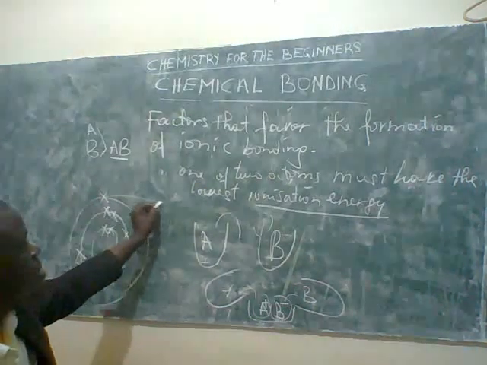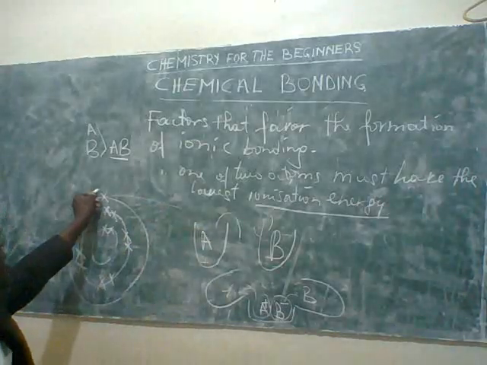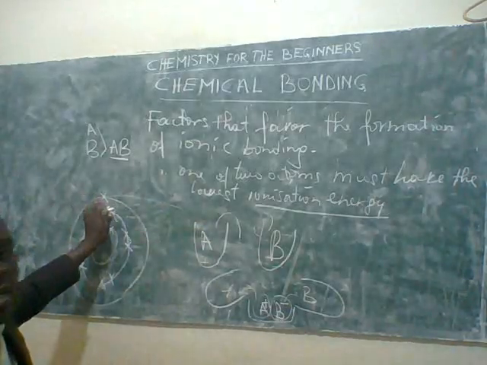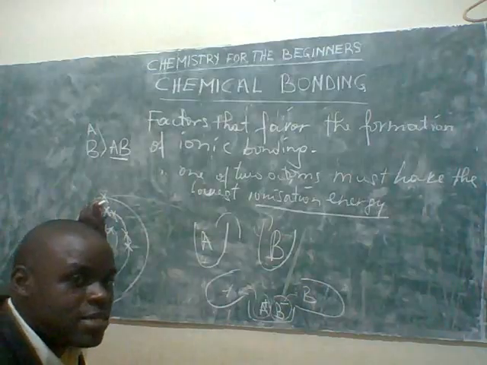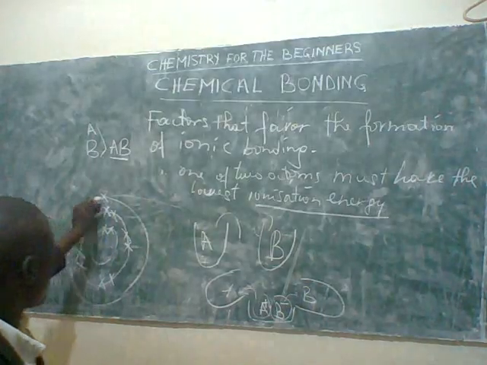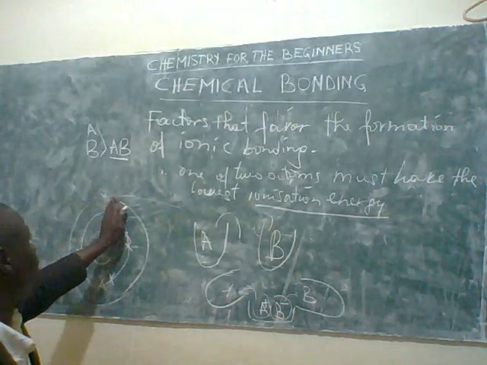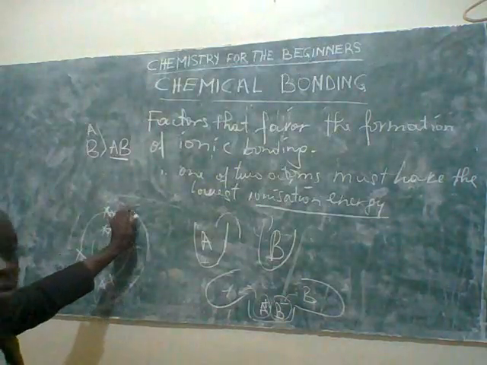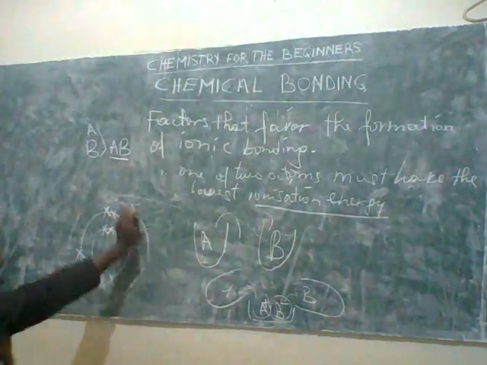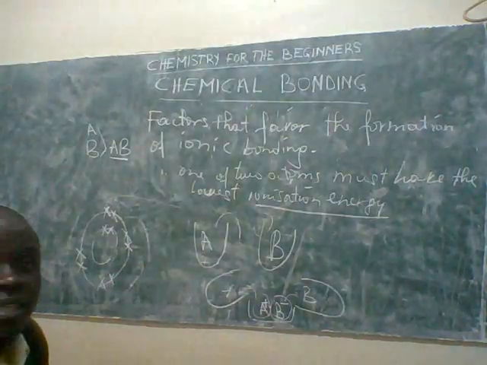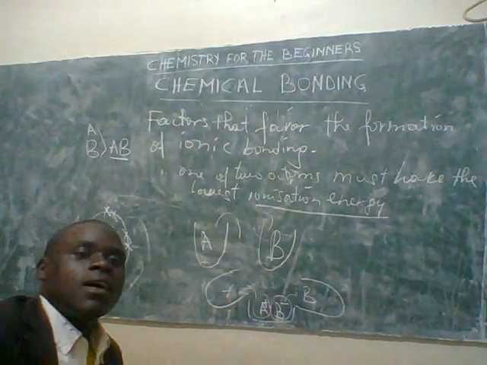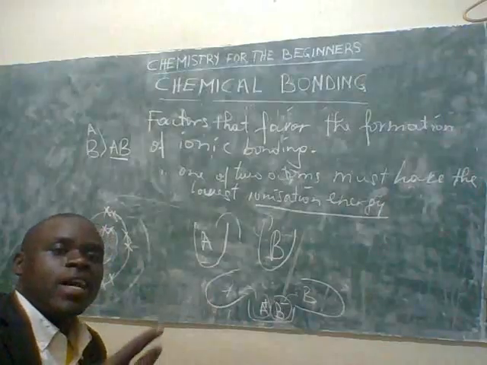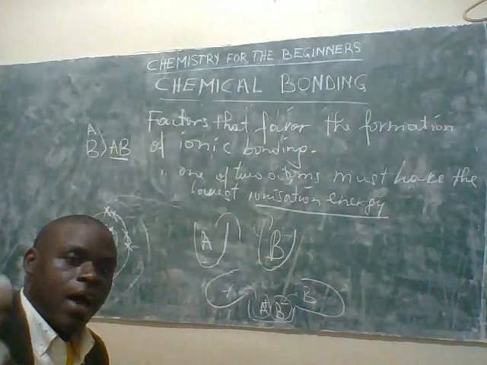To donate this, it will use the lowest energy to ionize this, because we have seen that they have lost this shell. After losing this shell, in chemistry, they say that they can secondarily ionize another electron.